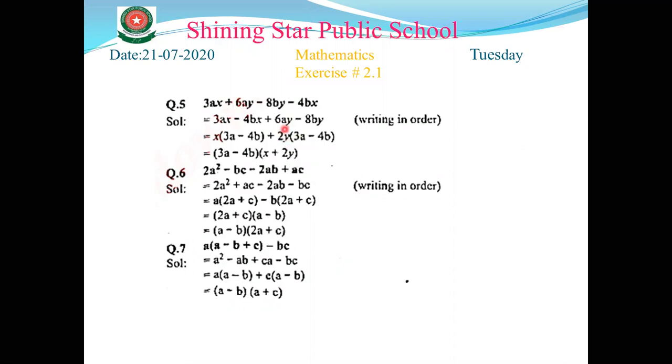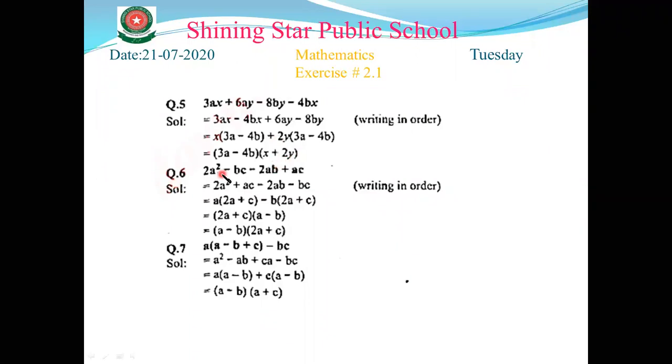So 2 3s are 6, so 3a. 2 4s are 8, 4b. Now 3a minus 4b, 3a minus 4b are common. So that's why we can take the common 3a minus 4b. So we have here x plus 2y, which is your required answer.